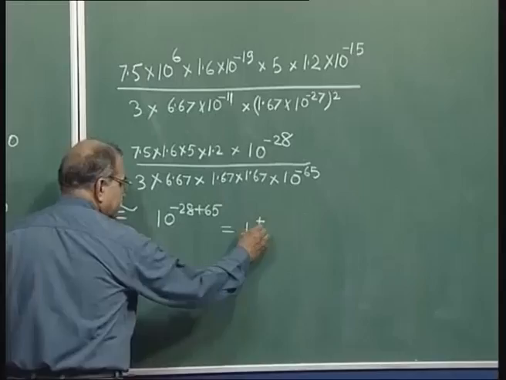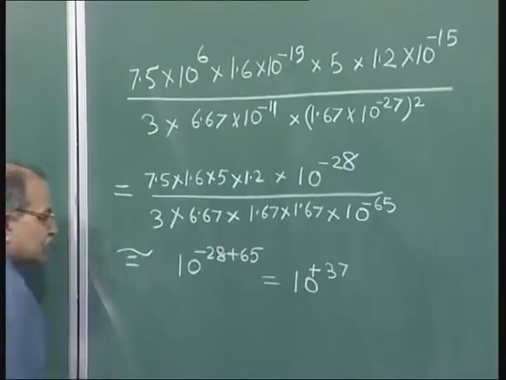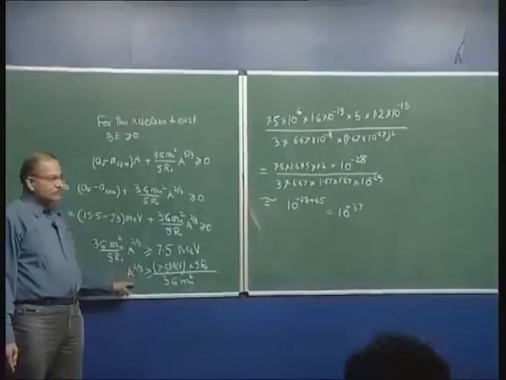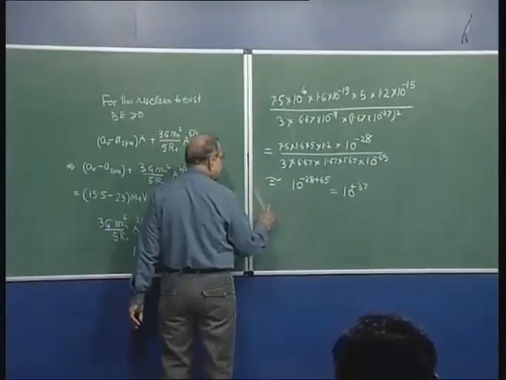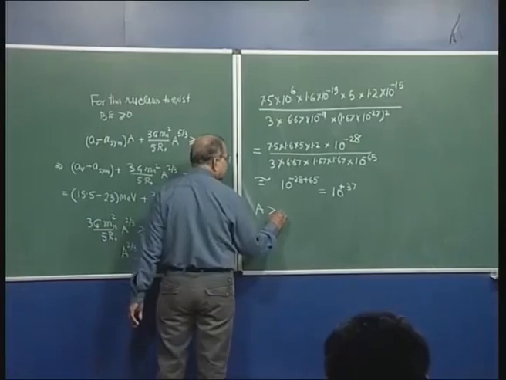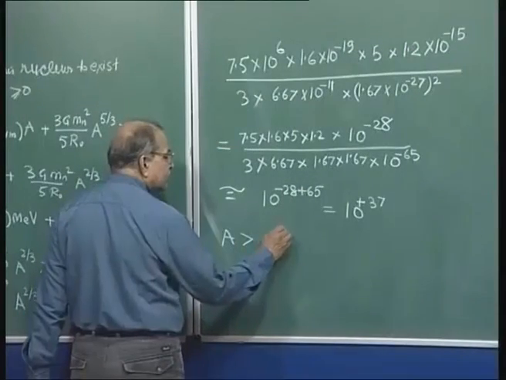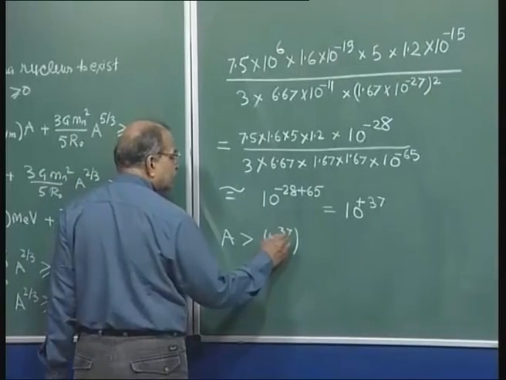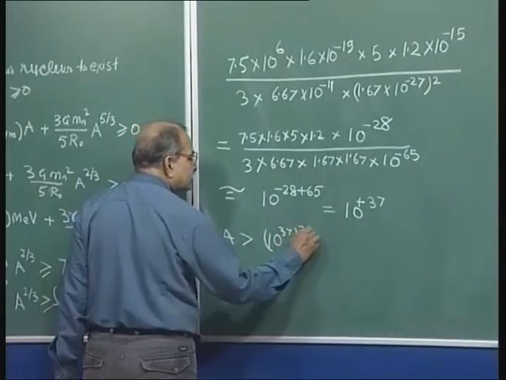How much is it? 37, and this is, remember, capital A to the power 2 by 3. So, capital A should be greater than 10 to the power 37, I am writing the order of magnitude, to the power 3 by 2.